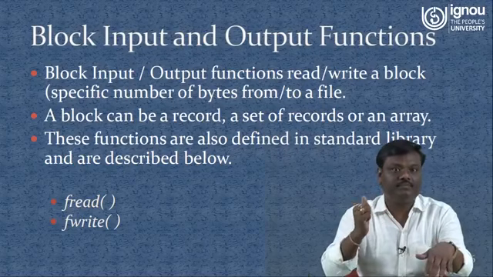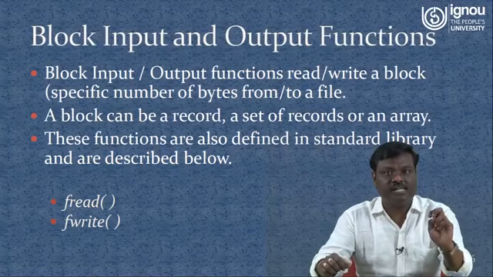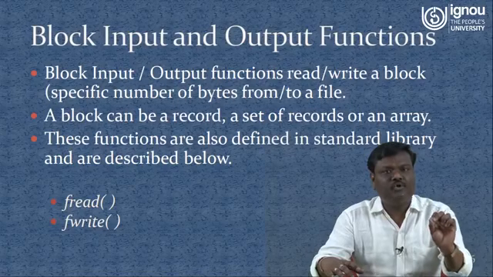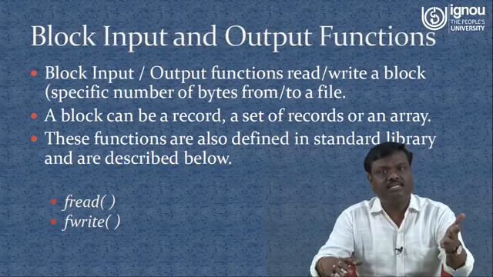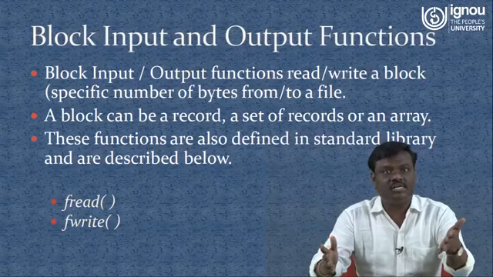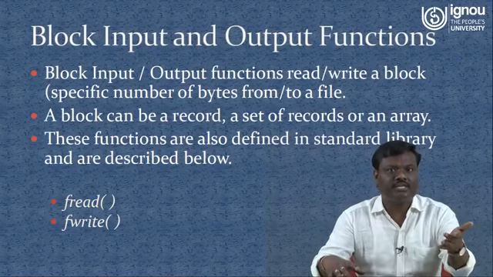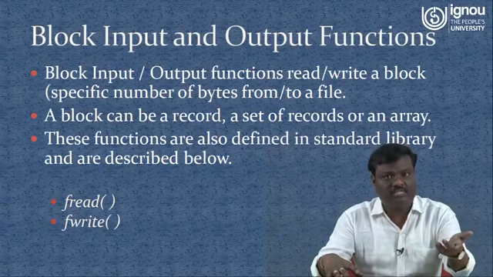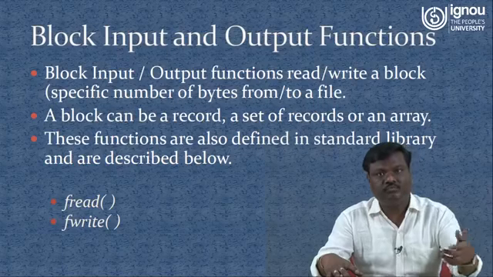So how to read them? There are 2 functions available, that is fread and fwrite. A block can be a record or even a set of records, or an array, whatever the case may be. That is up to the user to decide.